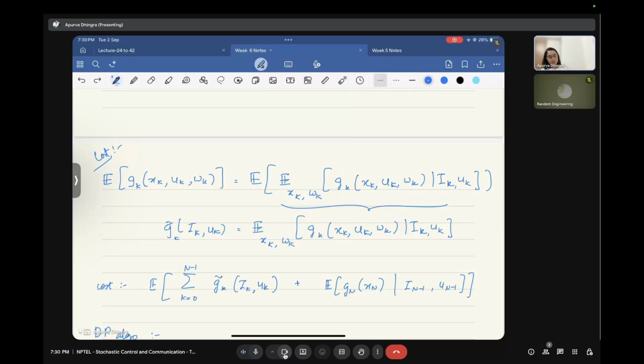This is using, I don't recall the name of this property, a property of the expectation. Not Jensen. The conditional expectation also shows up.